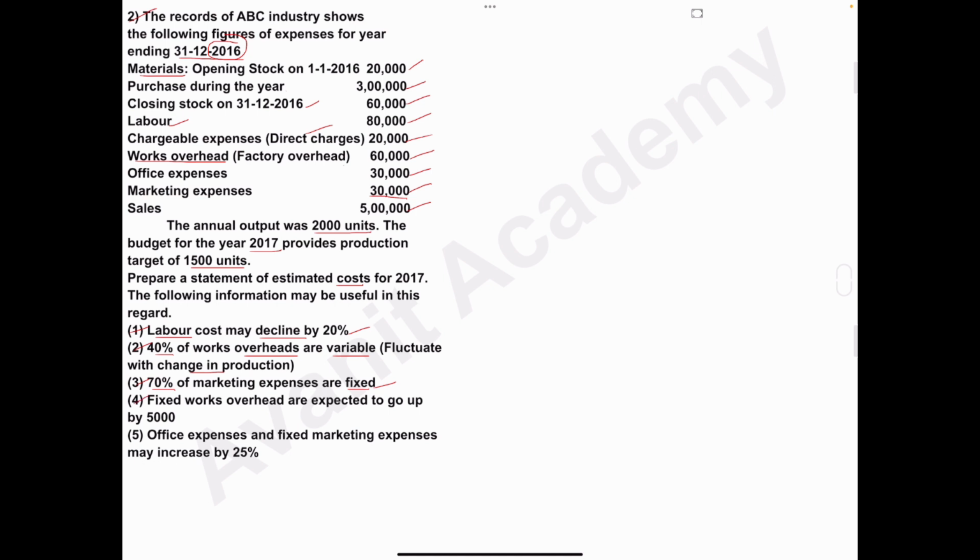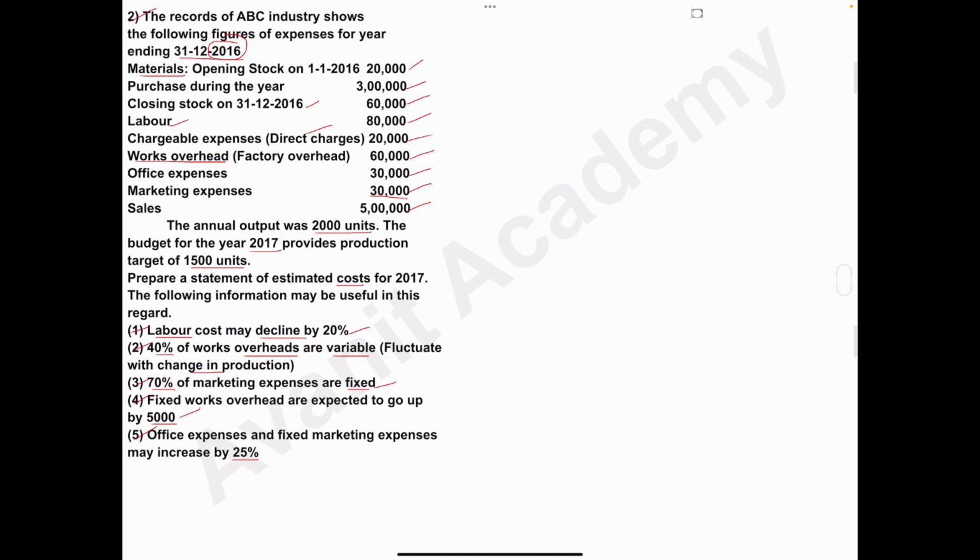Fourth, fixed works overhead is expected to go up by 5,000 rupees. In 2017, fixed works overhead will increase by rupees 5,000. The last point is office expenses and fixed marketing expenses may increase by 25%.